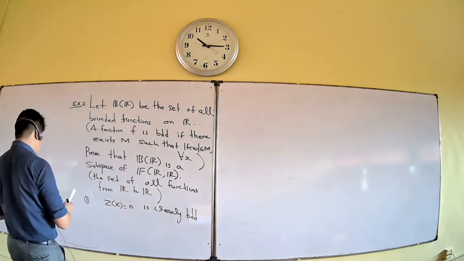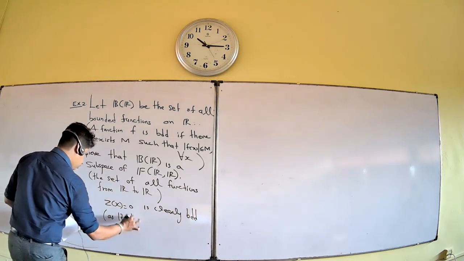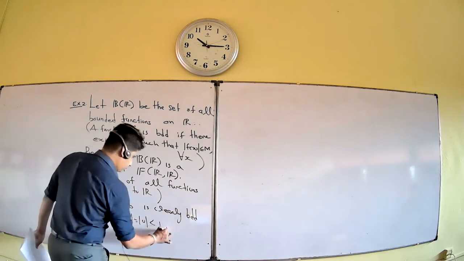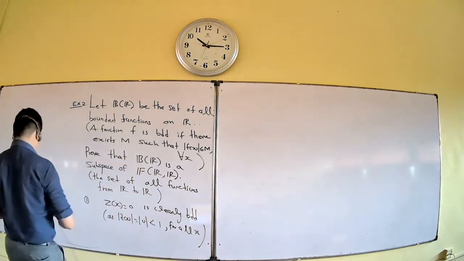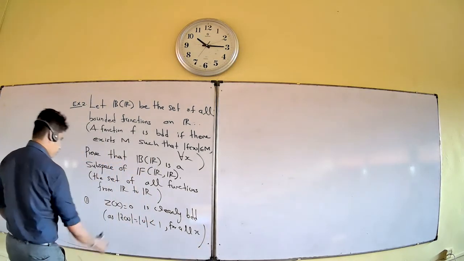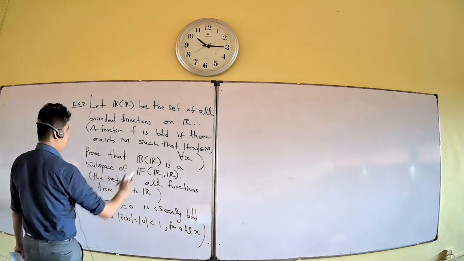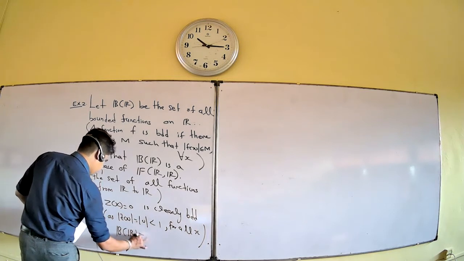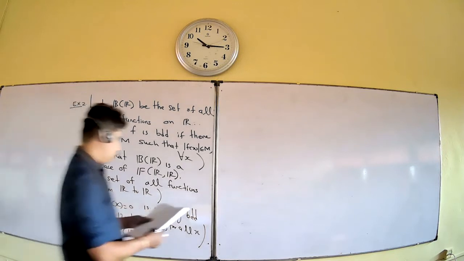Okay, it's bounded as the modulus of f(x), which is obviously 0, is less than 1 for all x. So it is bounded. Therefore, this set B(R) is a non-empty set.